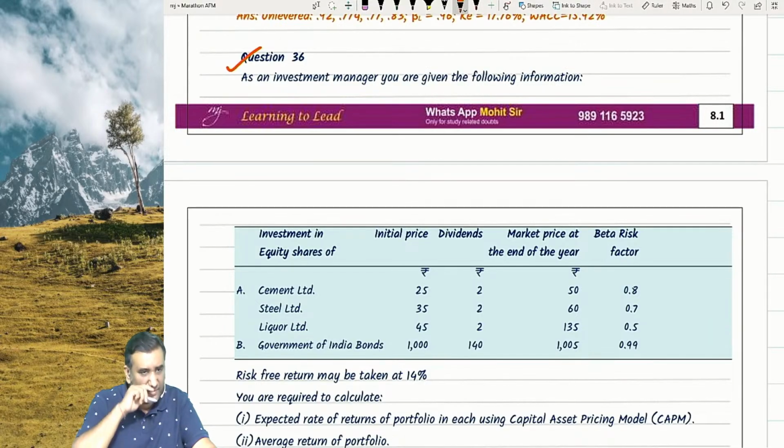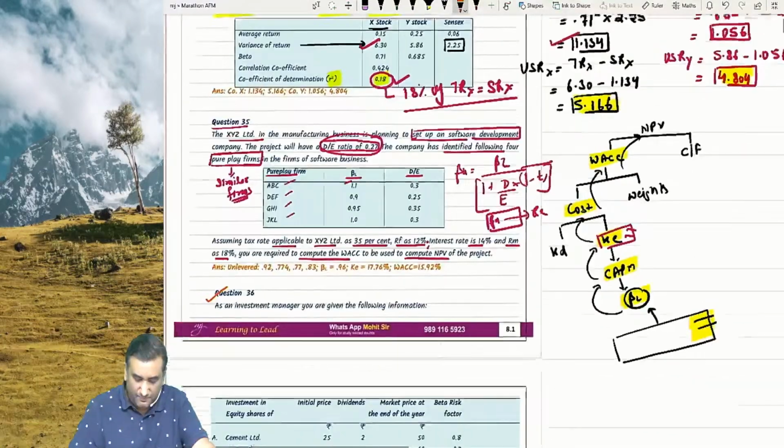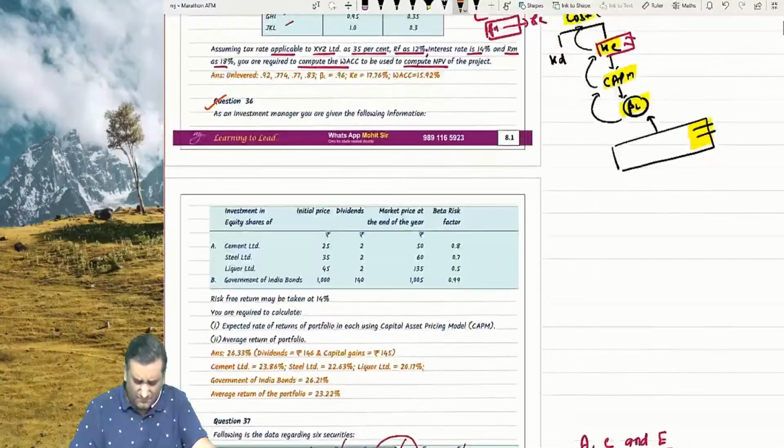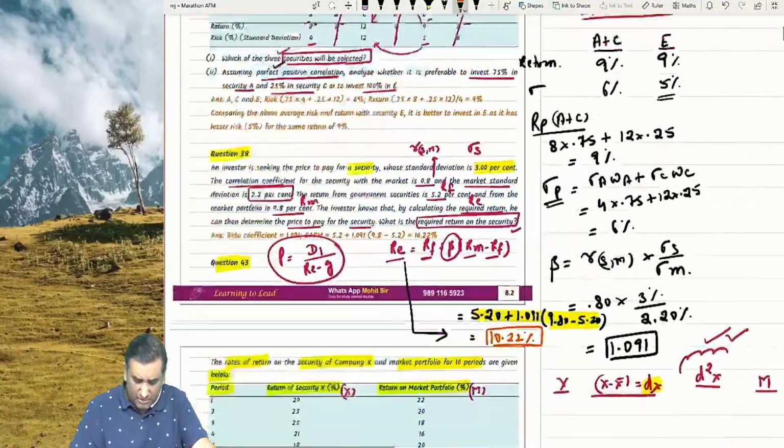You can try it at home. I have given you the answer. Try 36.